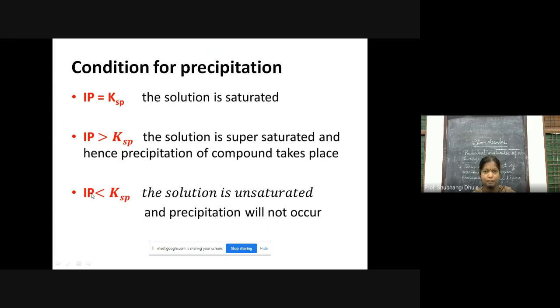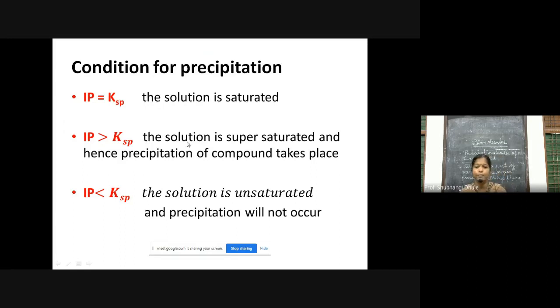If the ionic product is less than the Ksp value, then the solution will not undergo precipitation. The ions remain as they are. It is called an unsaturated solution. So saturated solution, unsaturated solution, and the condition for precipitation is this. This is all about the ionic product and the Ksp value.